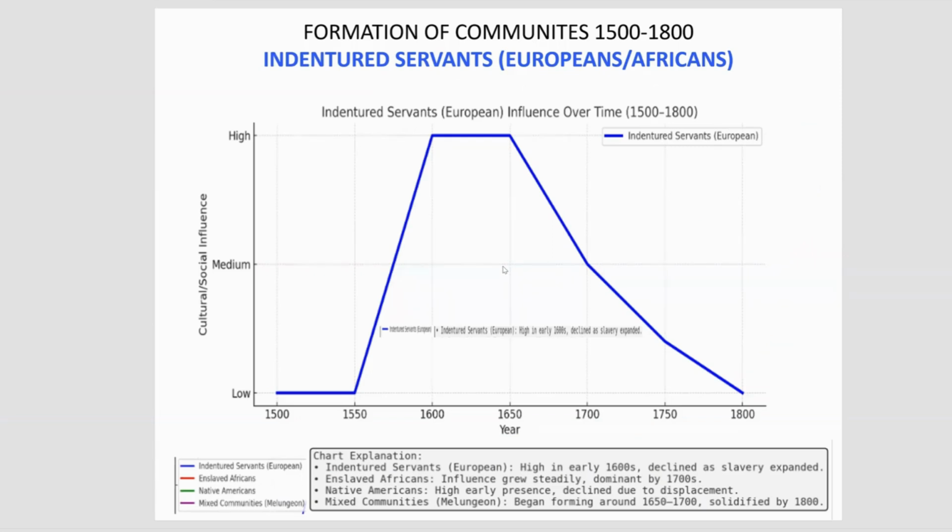Over the next 50 years, the chart shows from 1550 to 1600 that European presence became very high here, and from 1600 to 1650 it's still high. Actually, this is not just talking about Europeans, I'm sorry. This is talking about the indentured servants.